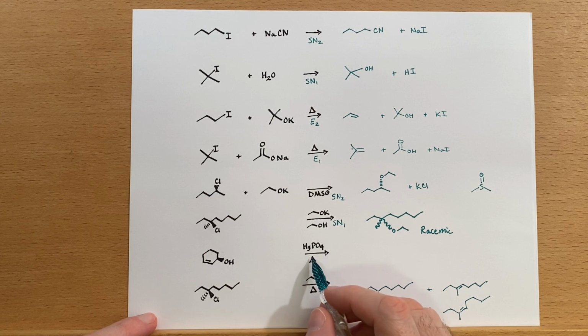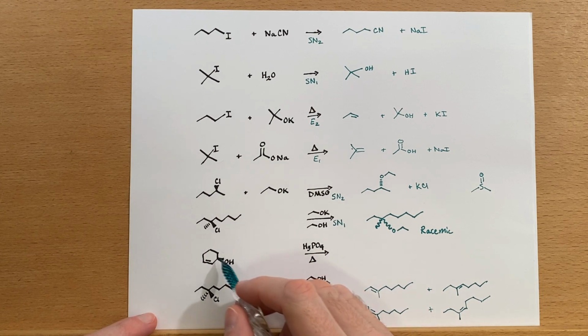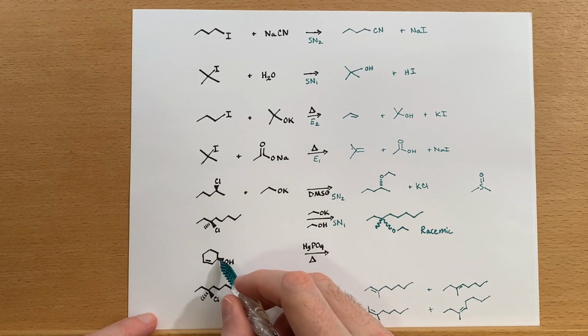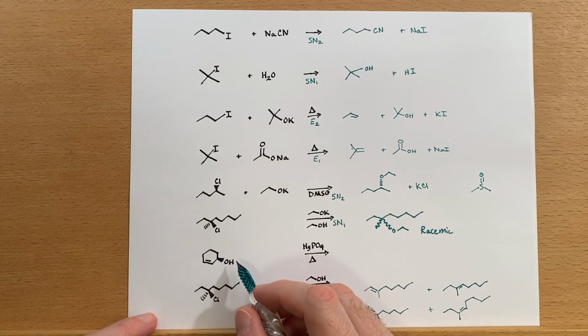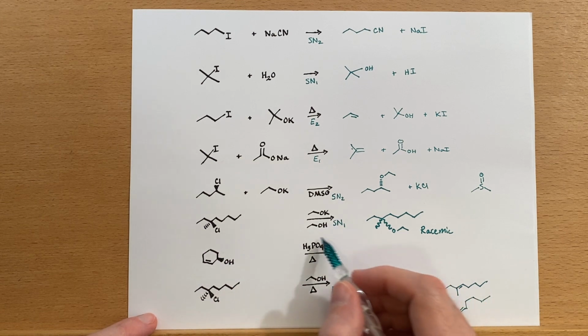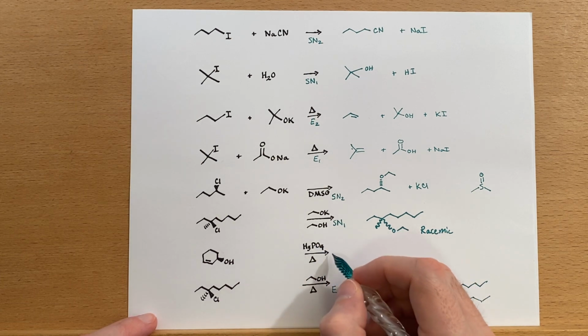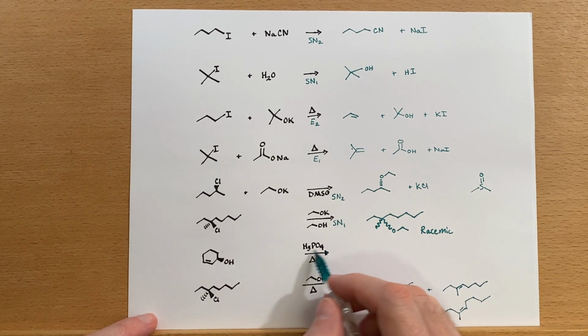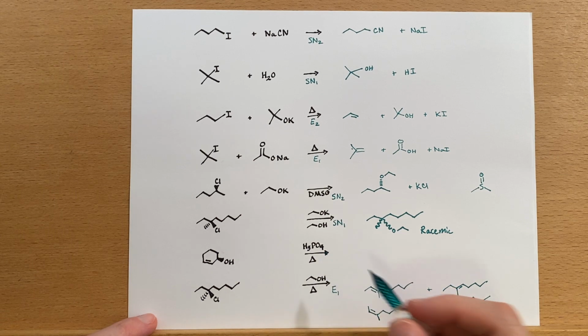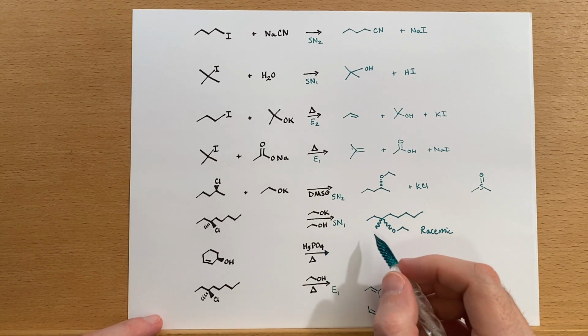All right, we've got another one up here, which is another elimination. We're heating it. This one is a secondary carbon, but we have an acid. So this isn't a particularly strong base, and we can assume that there's going to be some water floating around in the solution, just because the phosphoric acid, generally, you've got to dissolve that in water.